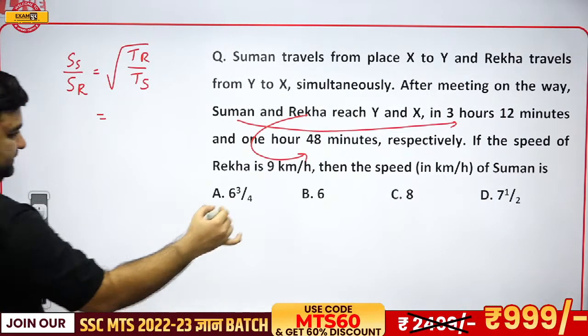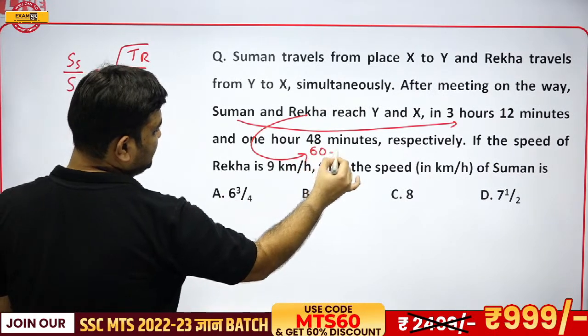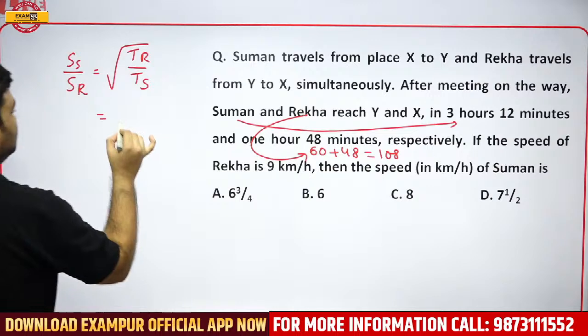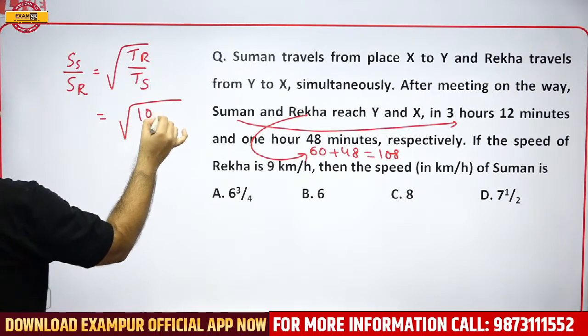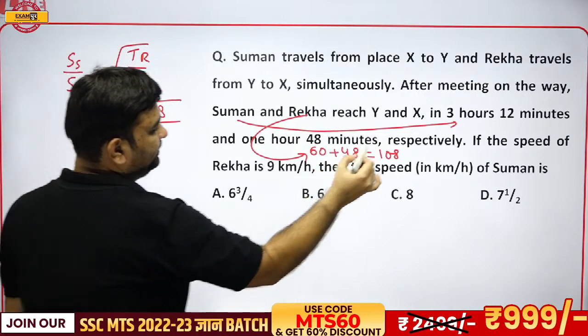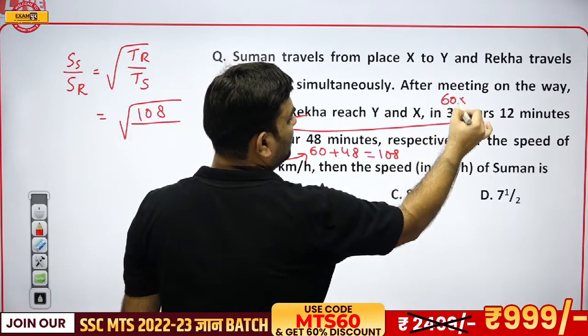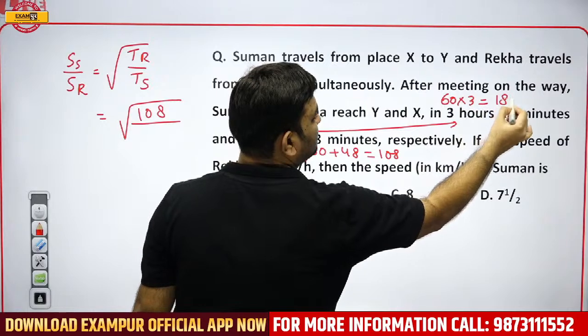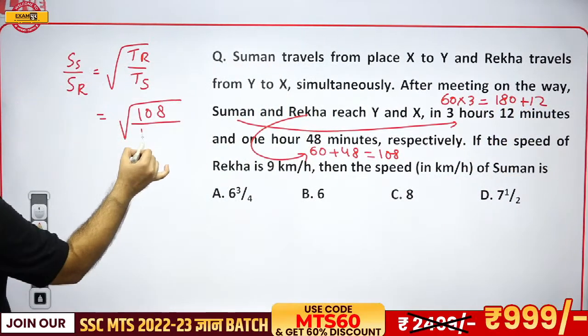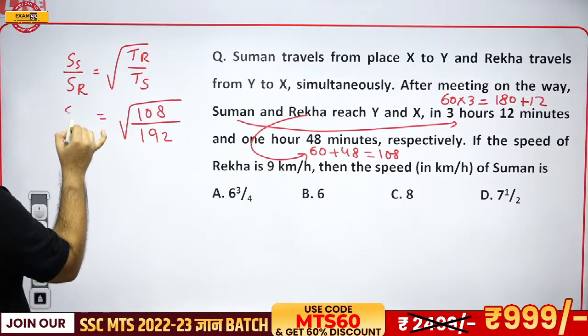Together they take 1 hour 48 minutes, 60 plus 48, 108 minutes. And Suman will take 192 minutes.